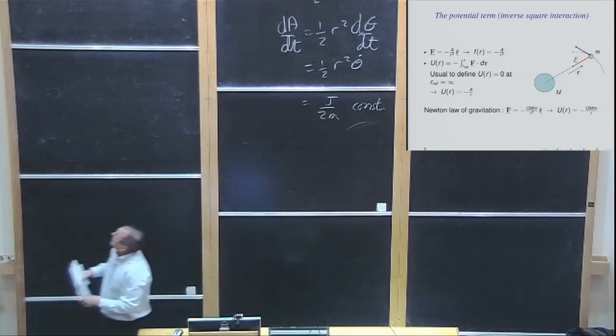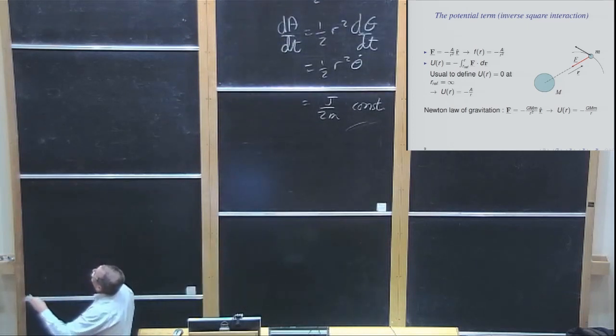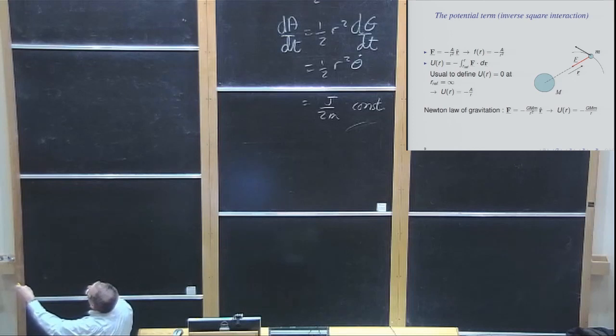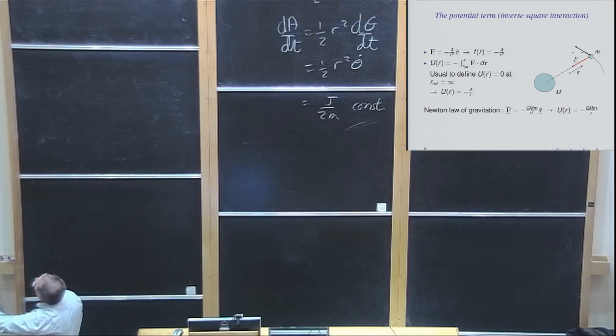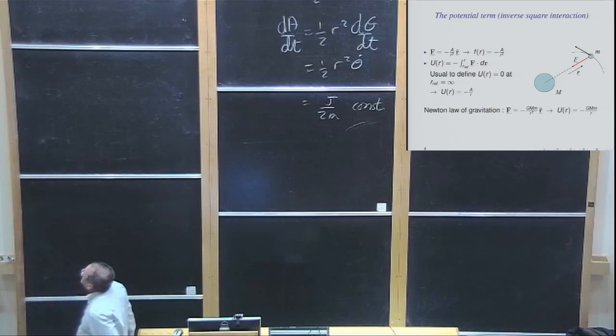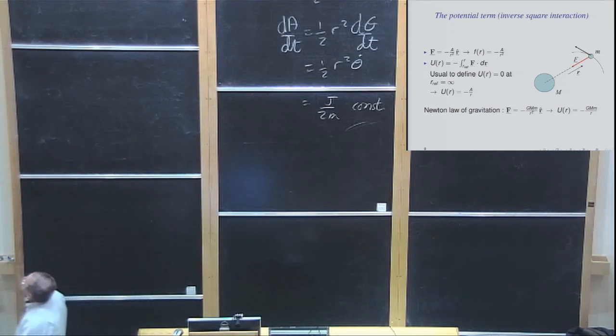This is just to remind you of something you know. Now let us specialize to the inverse square case of gravity. So therefore, F is equal to minus A over r squared, where A, of course, is given by GMm. And because in this expression we've just been looking at, it has this potential energy term, we need to remind ourselves where that potential energy term comes from.